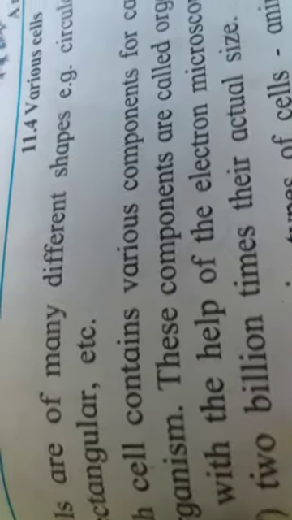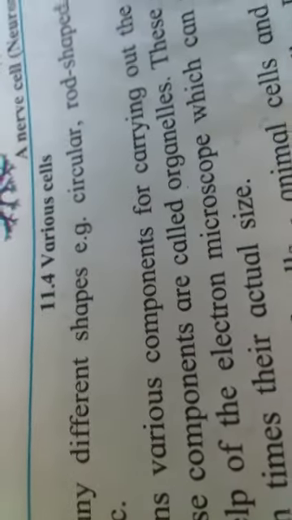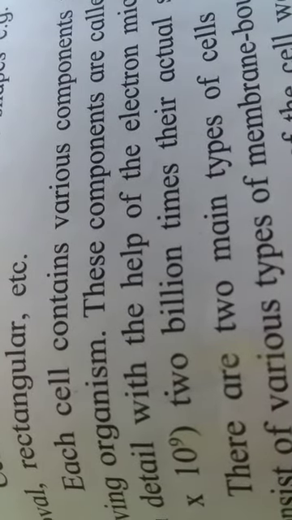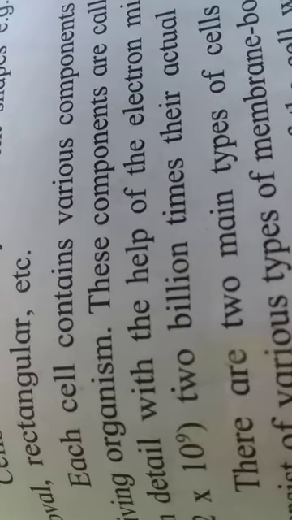Each cell contains various components for carrying out various life processes. We know that cells are working continuously. Whenever the cells are working continuously, it means that they are carrying out the various processes.